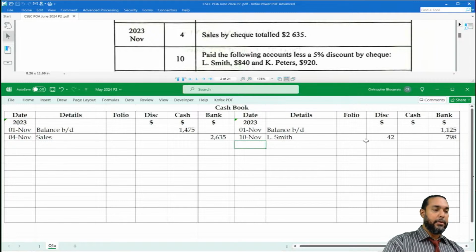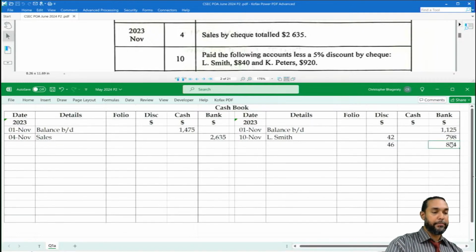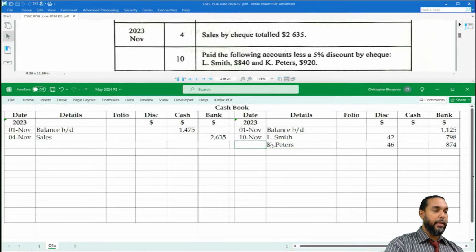You could also do this: find 5% of the 920, 46, and then to find the amount paid, take 920 minus the 46, and you get 874. And that was paid to K. Peters on the 10th of November.